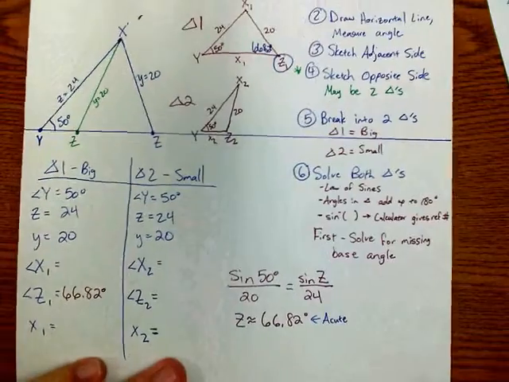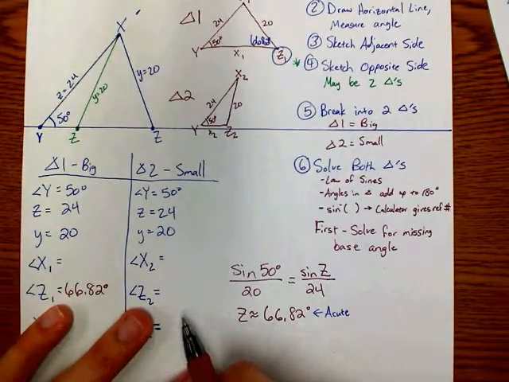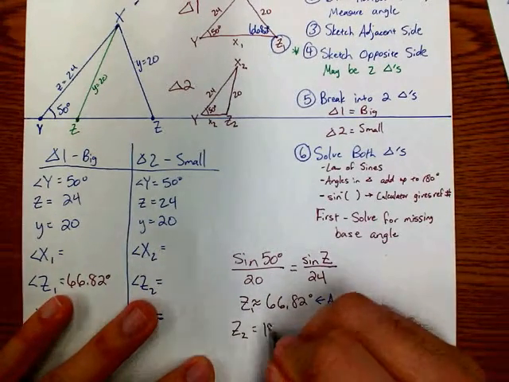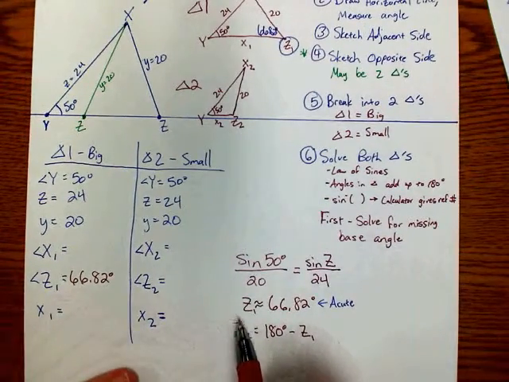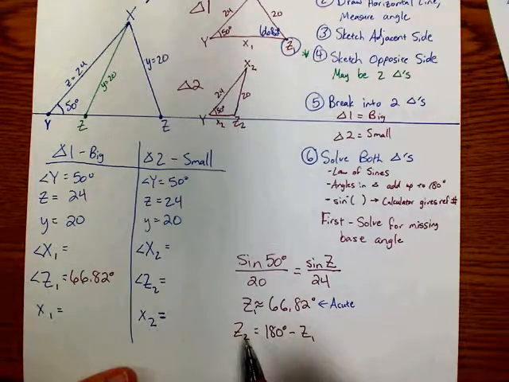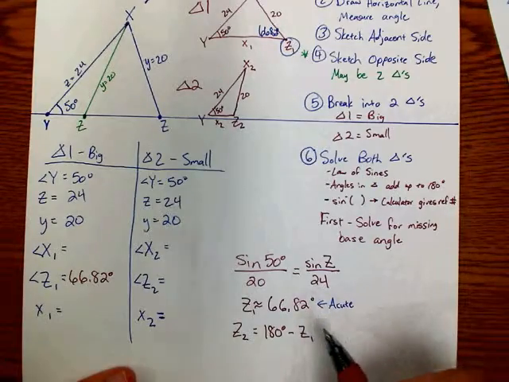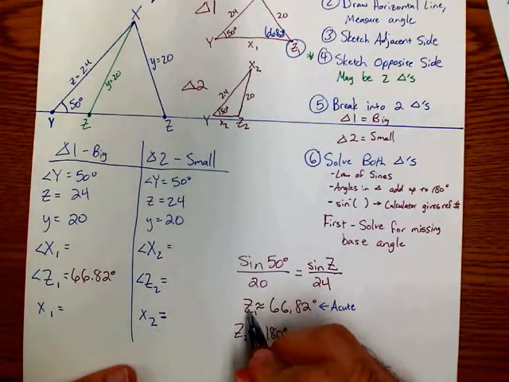If that's our reference number for whatever z2 is, then that means z2 will equal 180 degrees minus z1. So when you start this, if z1 is your acute angle, z2 will be 180 minus whatever z1 is. If z2 is your acute angle, vice versa will be true. So whatever angle you get, to get the other one, you need to subtract from 180.